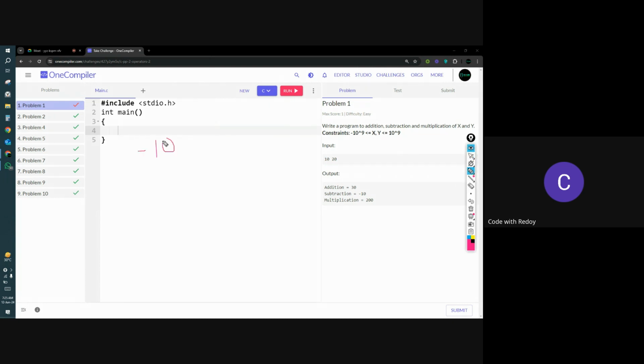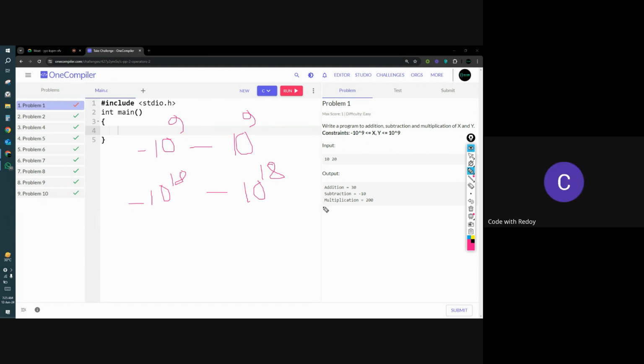And for the long, minus 10 to the power 18 to plus 10 to the power 18.